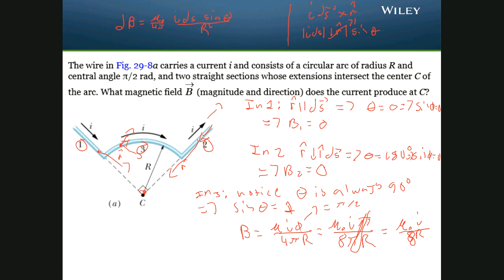Now, B total is going to equal B1 plus B2 plus B3. I do this because it won't always be this easy, right? In this case, B1 and B2 will be equal to 0, but it won't always be so easy.